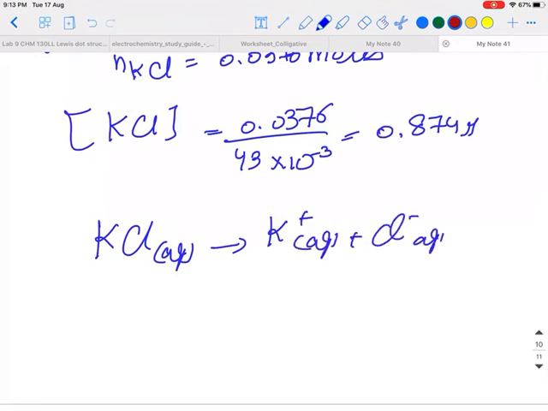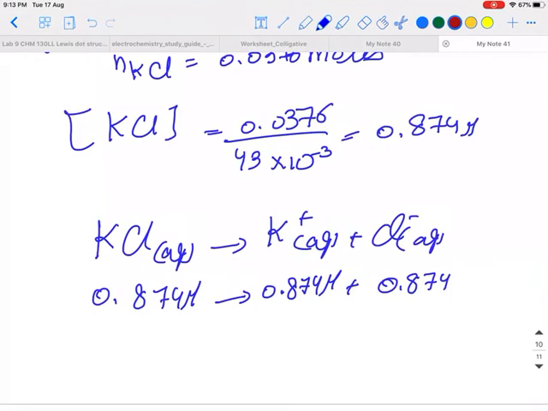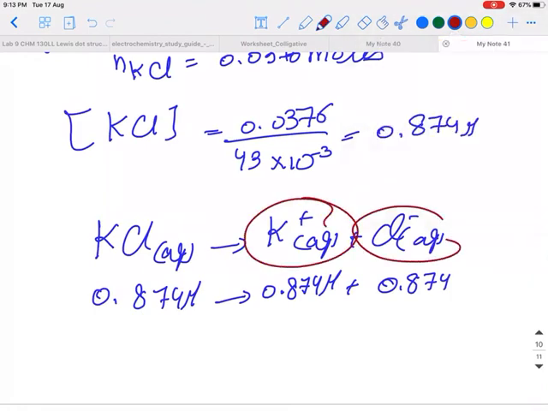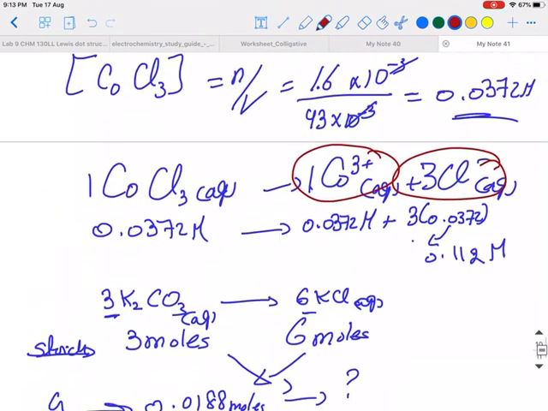It's aqueous, so it splits into K plus and Cl minus, and stoichiometry is applicable. So if this is 0.874 molar and the ratio is all 1 to 1, then 0.87 molar and 0.87 molar. So these are also sources of ions.